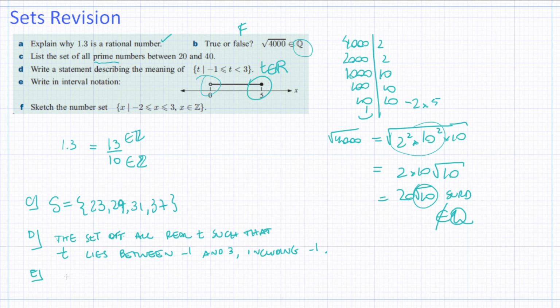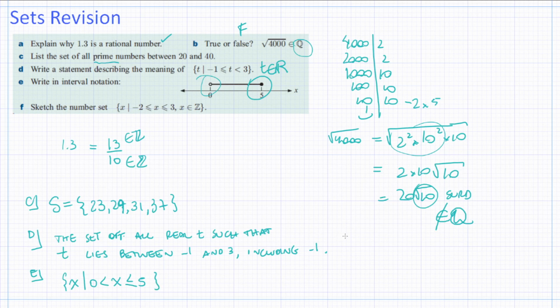So it's the set of all real x's, right? So we're filling everything in between, so we have all the numbers in between. So it's the set of all real x's such that x lies between 0 and 5, including 5. Easy, isn't it?